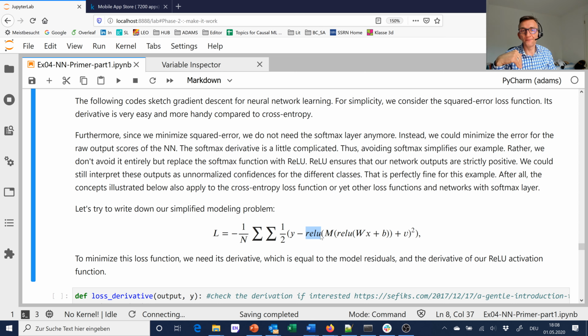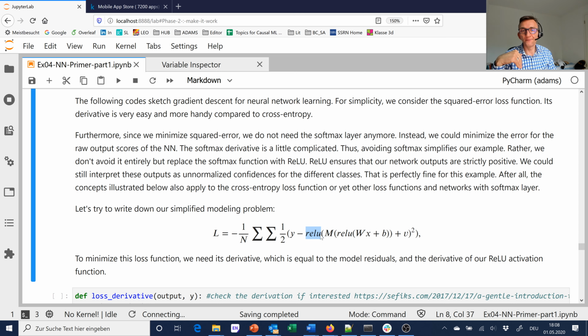And it's good to point out that this function is to calculate the derivative of the loss with regard to our forecast. No matter what loss function you employ, you will need that function that calculates its derivative. So for cross entropy, it looks more complicated than for squared error. This is why I'm using squared error. But the idea that we need this loss derivative is generic.